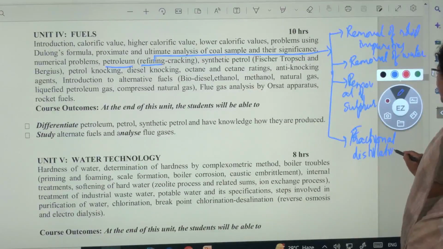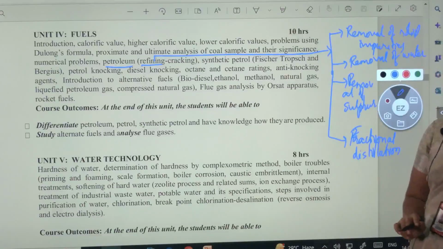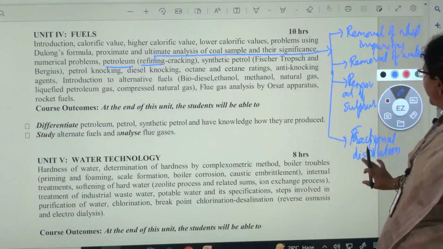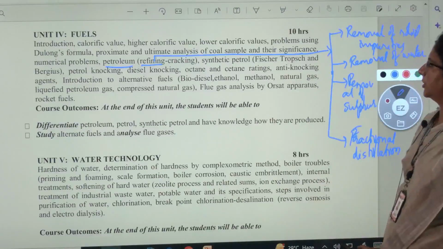So in fractional distillation, we will be separating the various components of petroleum like petrol, diesel, kerosene, all that we will be getting in fractional distillation.